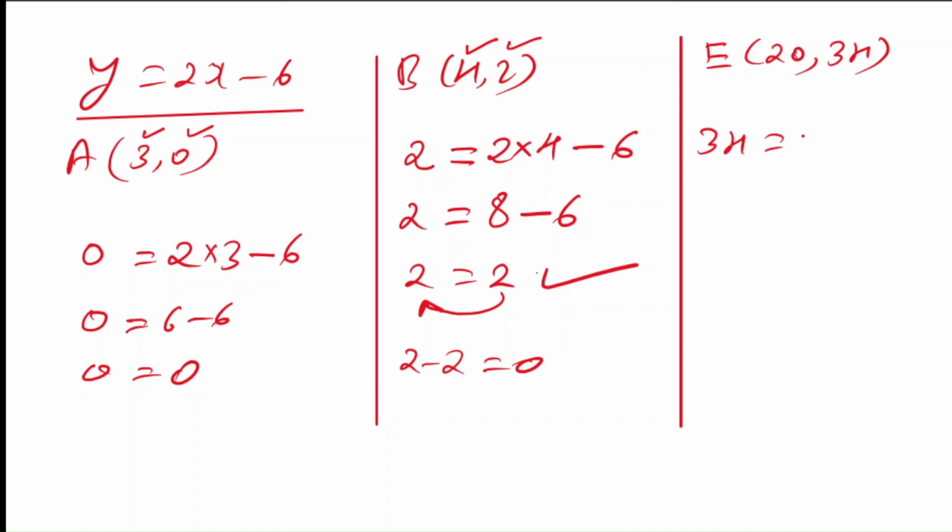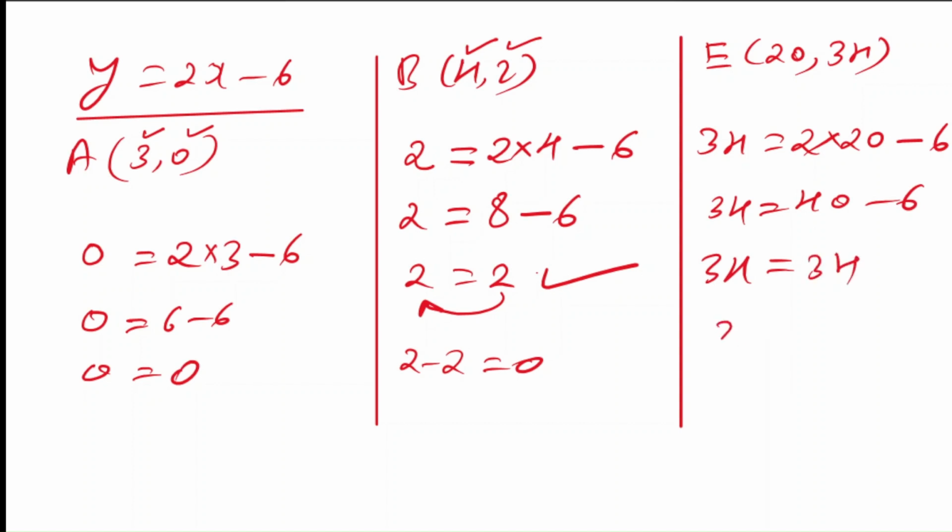Then 2, so you are putting 2 into what is your x? It is 20, so you will put 20 minus 6. So 34, here this is going to be 40 minus 6. So 34 equal to 40 minus 6 is 34. So again, 34 minus 34 will give you 0. So this is also lying on this line.